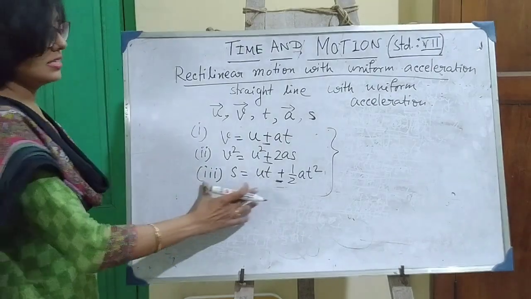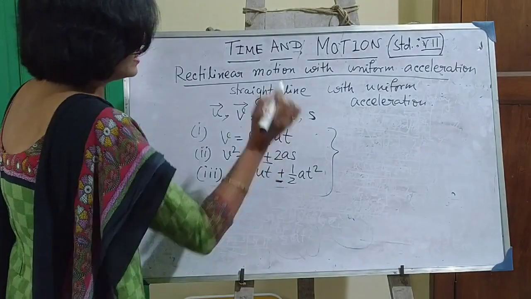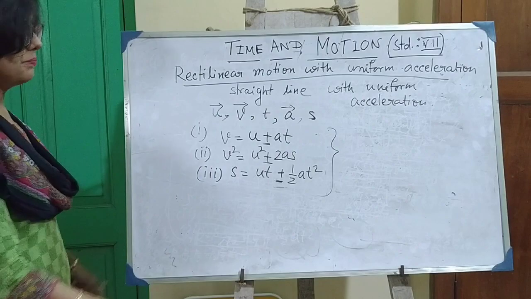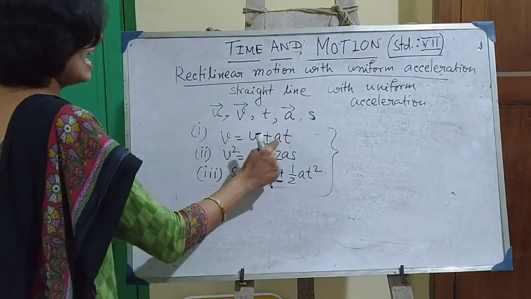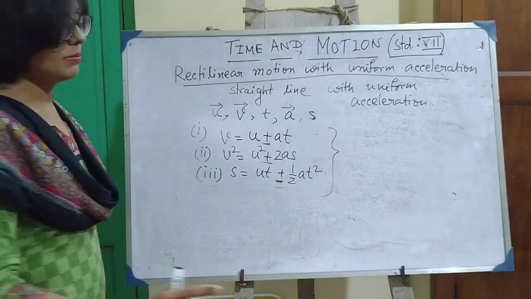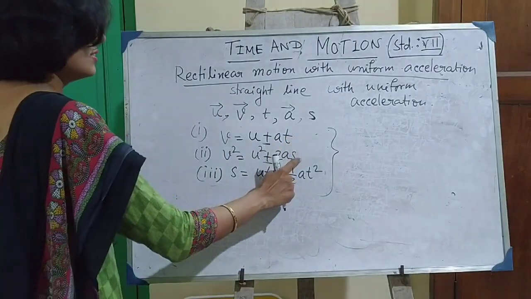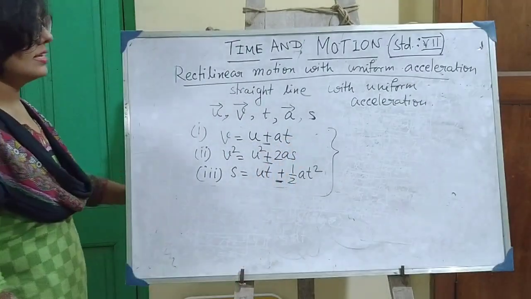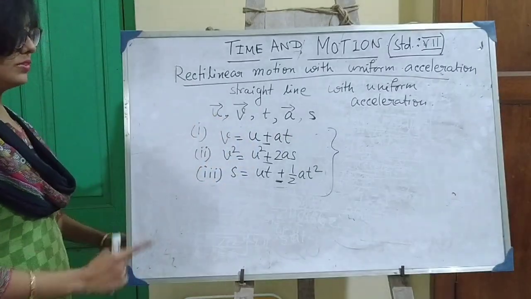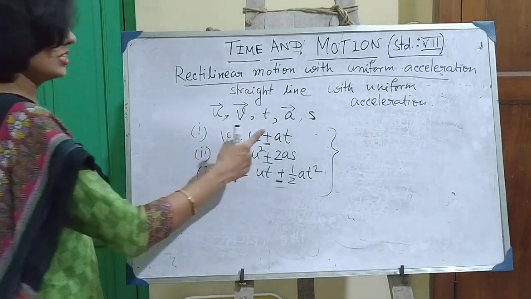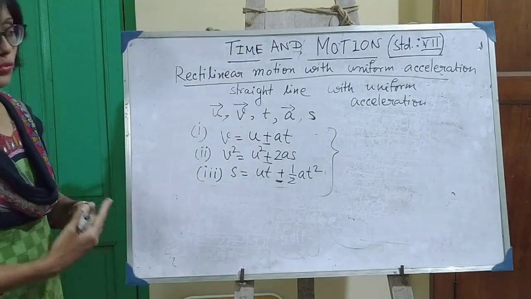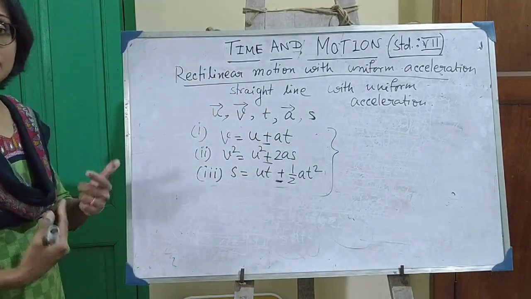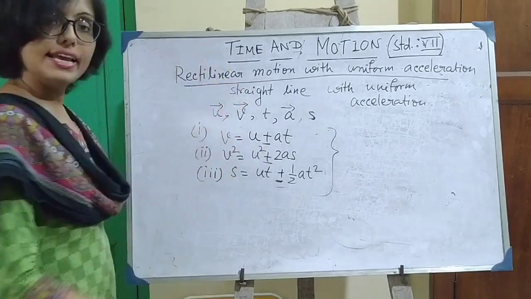So these three sets of equations represent the relation among the final velocity, initial velocity, acceleration or deceleration of the body, time t, and the distance traversed during the interval t. If the body is moving with acceleration, we shall use the positive sign. If the body is moving with uniform deceleration, then we shall use the negative sign.